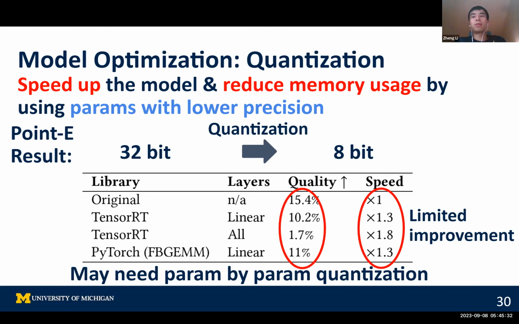As you can see in this table, the improvement from quantization is quite limited, and the degradation in terms of quality is quite obvious. So some further efforts may be needed. For example, some current research focuses on parameter-by-parameter quantization. Even in the same layer, for example the linear layer here, you may have different precisions for different parameters. Some of the parameters in this layer might be 32 bits, while others may only be 8 bits.